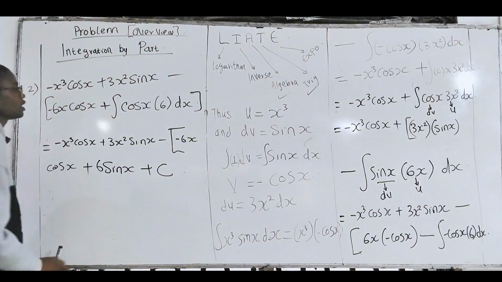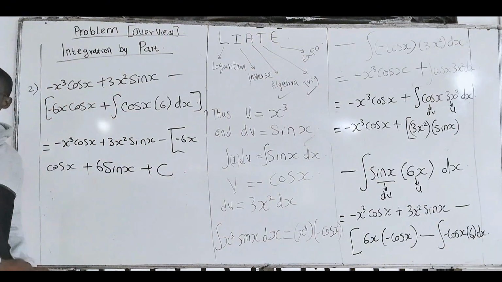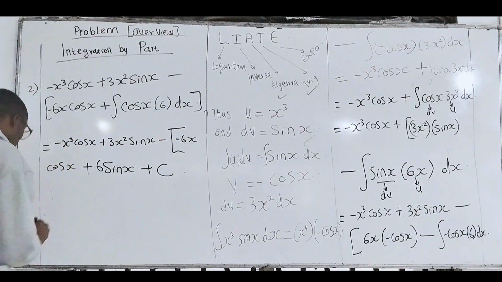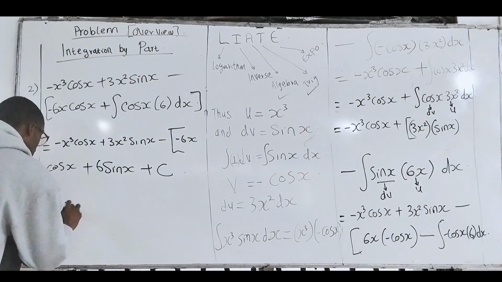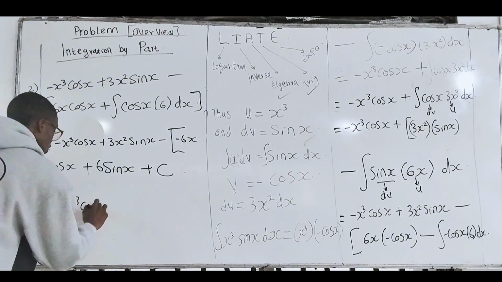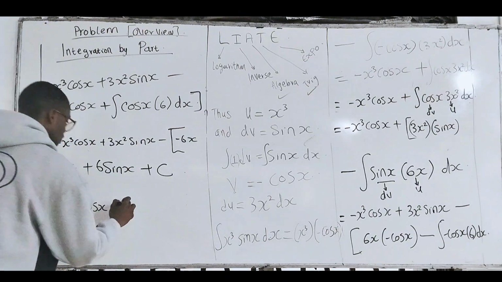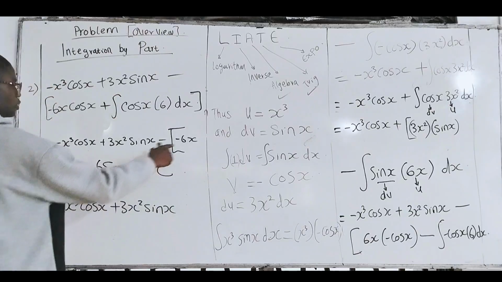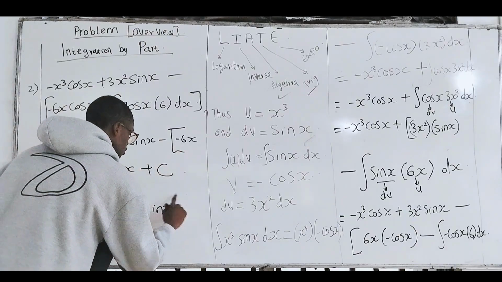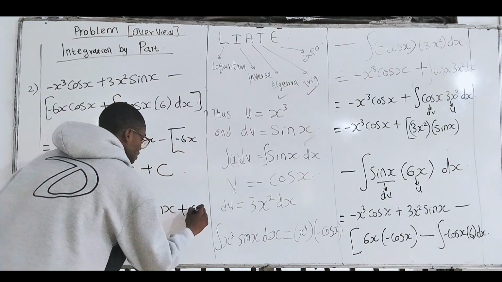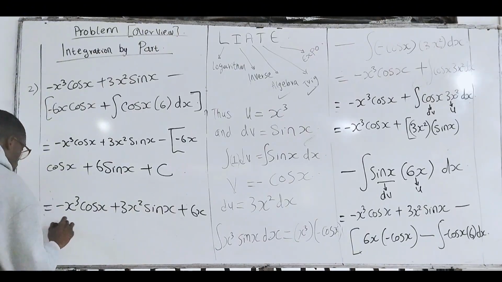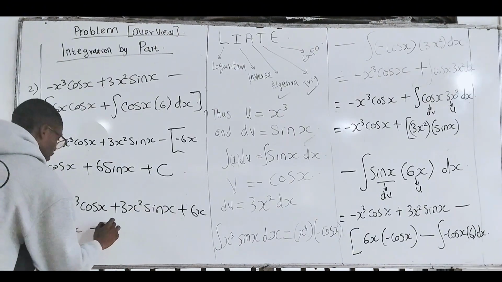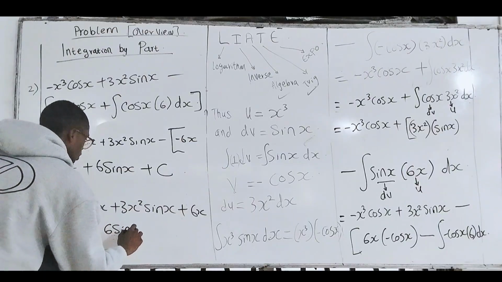So what you are supposed to do is to simplify this, to make it look simpler. How do I make it look simpler? I have minus x cubed cos x plus 3x squared sine x, then multiplying this will give you plus 6x cos x minus 6 sine x.